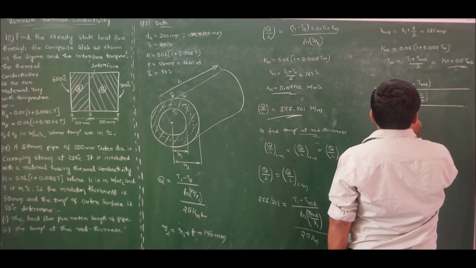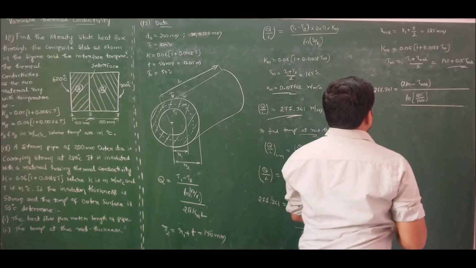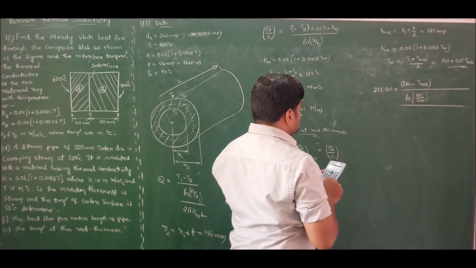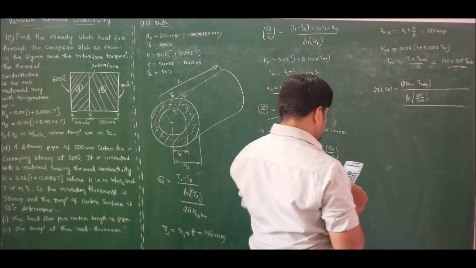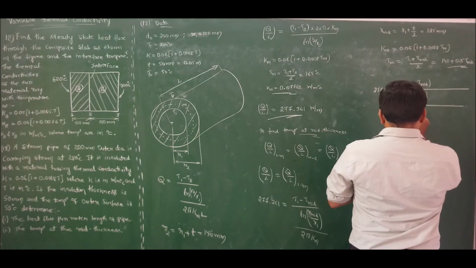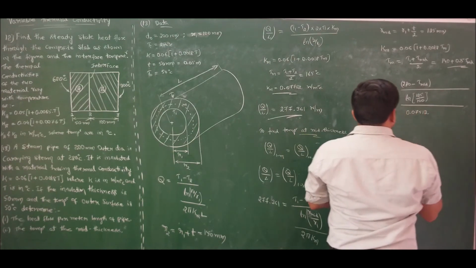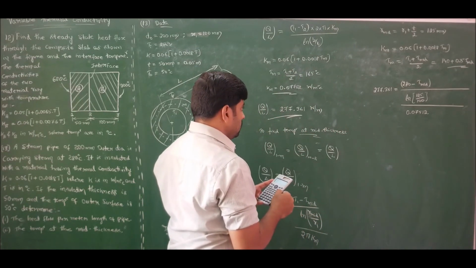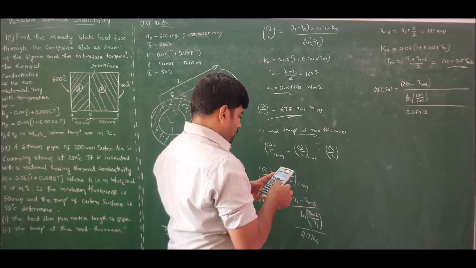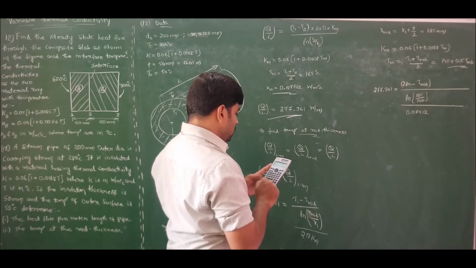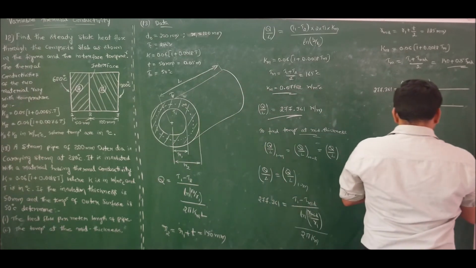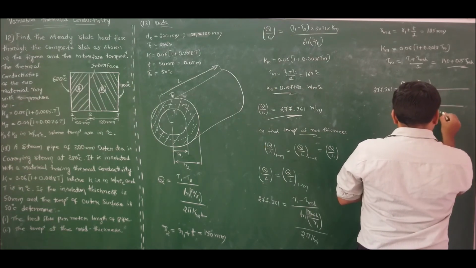Km will become, substituting this and simplifying, 0.06 plus 0.06 into 0.0018 into 140, that is 0.07512, plus 0.06 into 0.0018 into 0.5, that is 5.4 times 10 to the power of minus 5 T mid.